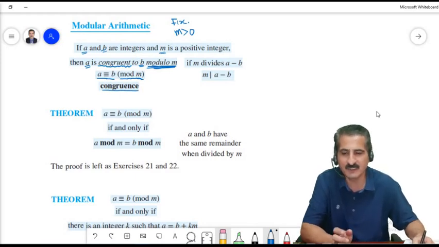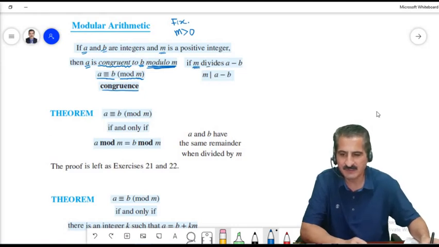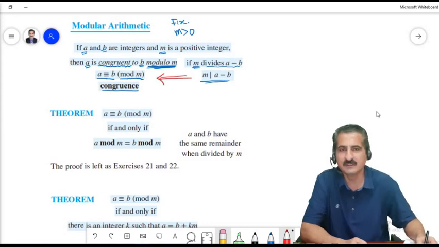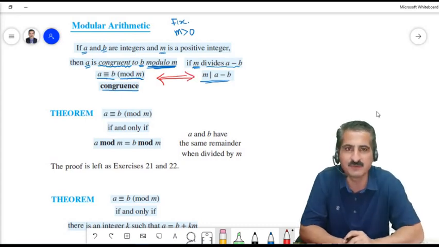This happens whenever M divides A minus B. So if M divides A minus B, then we say A is congruent to B modulo M. If we say A is congruent to B modulo M, that means M divides the difference between the two integers.